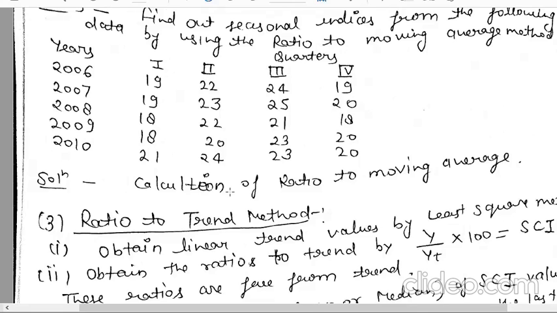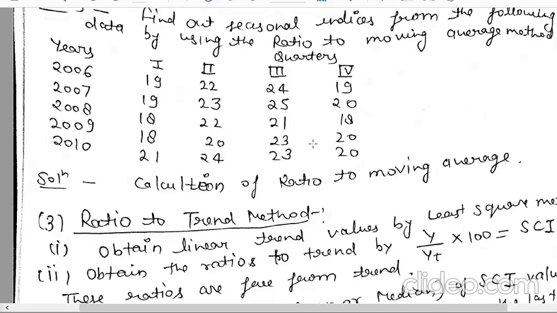Your grand average will be the average of the first quarter plus the second quarter plus the third quarter plus the fourth quarter, divided by 4 because you are dividing your data into quarters, right? That value will be your grand average.